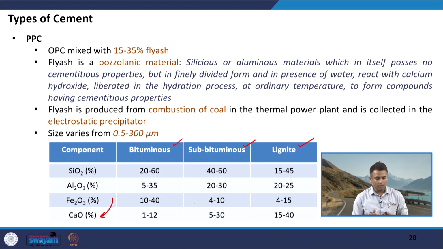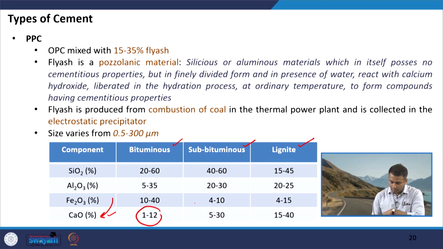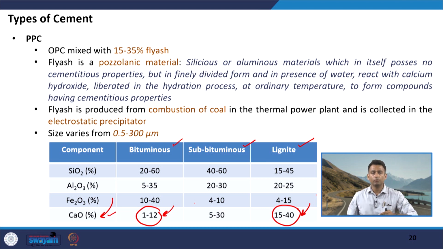Now, one question is, if fly ash itself has calcium oxide, why can we not get the hydrated product just like we are getting in the case of the cement? So, here you see the calcium oxide content differs in all the different types of coal. For example, in bituminous coal the quantity is very less, 1 to 12%, and in the case of lignite coal the quantity is high, 15 to 40%.